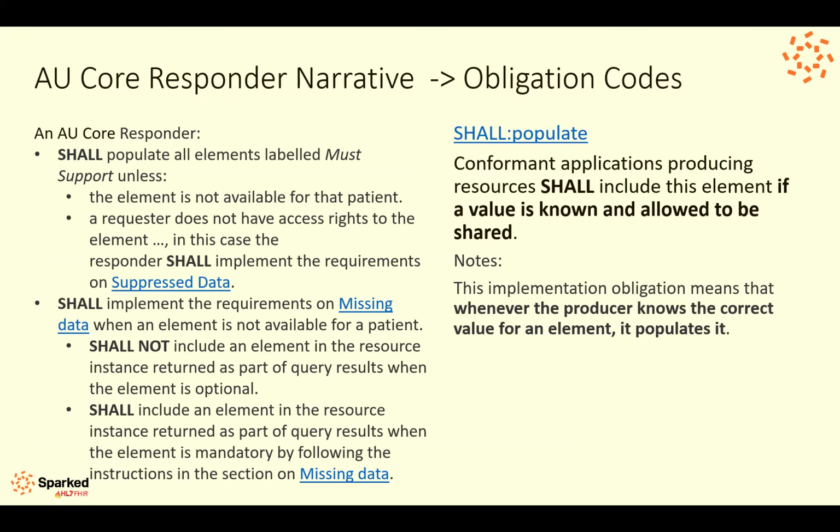It's much easier to do this in a narrow focus, in an IG focused on a narrow outcome, whereas with something very broad like AU Core, an obligation of must populate if you hold this data only really works in very generic, broad server settings, which I don't think will always be the case.